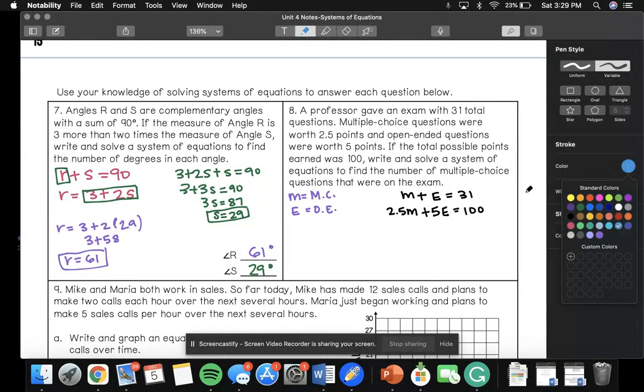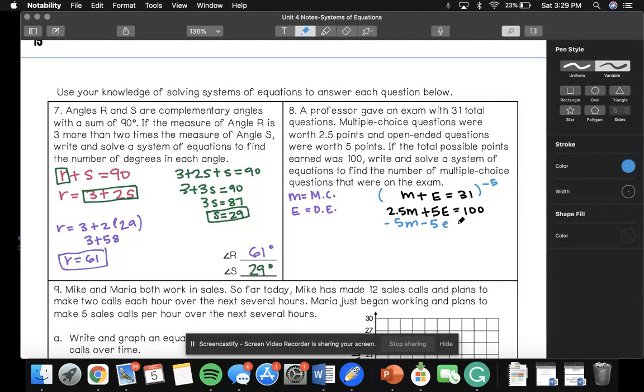Now because we want to solve this, both of them are in standard form, so I'm going to use elimination. Our goal is to figure out multiple choice, so I'm going to be smarter and eliminate the e's. So this is a 5e, so I need to make this a negative 5e. And 31 times negative 5 is negative 155.